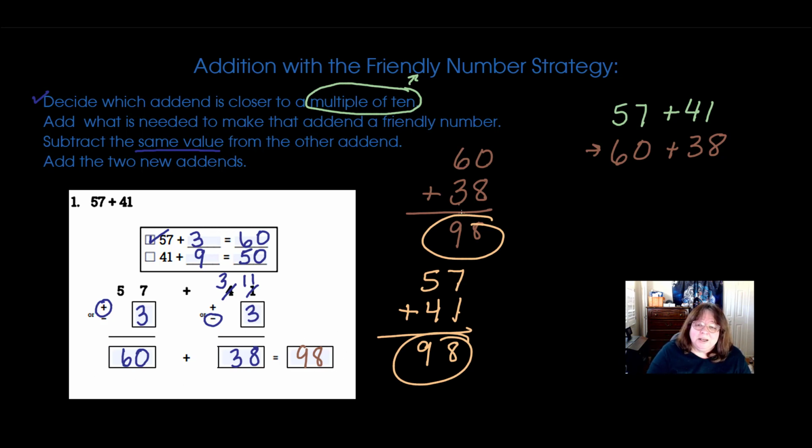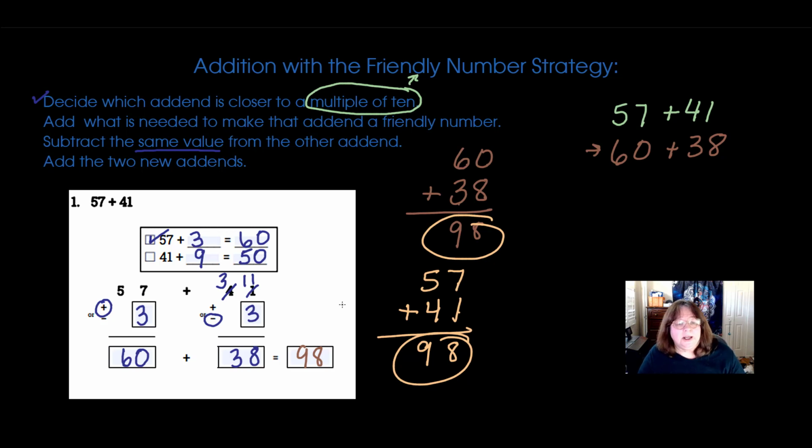It's also a little bit easier to do because we're adding with zeros. And adding with zeros is easier for a lot of us than adding with digits. But either way works. This is another strategy, and it's using the friendly number strategy, where we find which addend is closest to a multiple of 10 and turn it into a multiple of 10 by adding or subtracting.